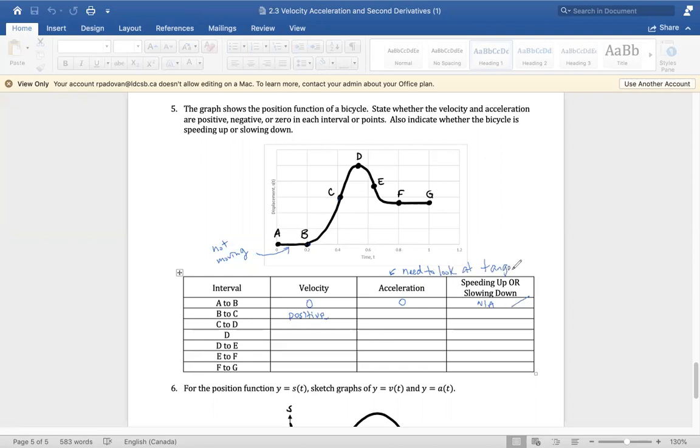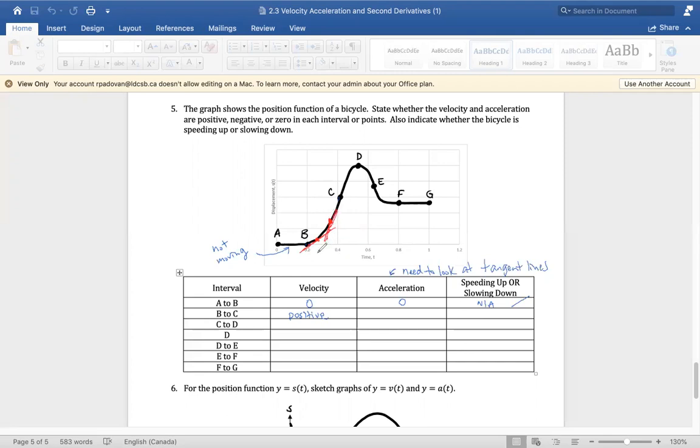So for the whole acceleration column, unless you're at 0, I need to look at my tangent lines. I will do my best here. Let's do this in red. Just randomly, if I was picking a spot between B and C, and this was my tangent line, it has a slope that looks like that. But I pick a spot farther up between B and C, and I draw my tangent line.